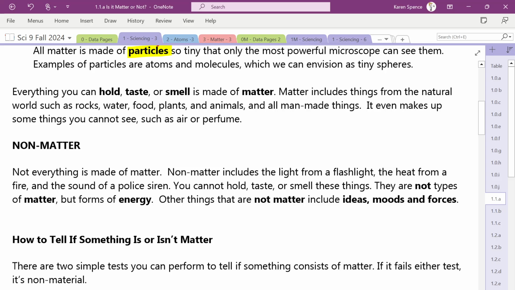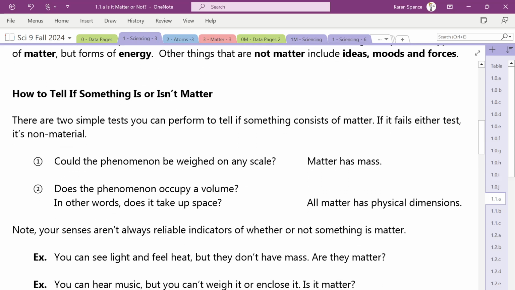Light from a flashlight. That's not matter. The light is not matter. The heat coming off of a flame is not matter. In fact, the flame itself is just heat and light, so it's not matter. The smoke is matter. The wick is matter. But the heat and the light, and the color are not matter. And yes, farts are matter. Absolutely true.